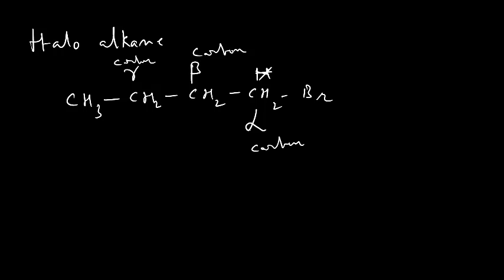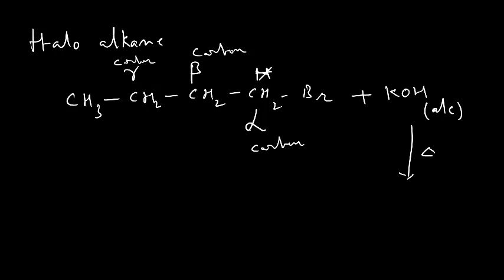Now when this haloalkane is heated in the presence of alcoholic KOH. What is alcoholic KOH? Potassium hydroxide is dissolved in ethyl alcohol, therefore this is alcoholic KOH.